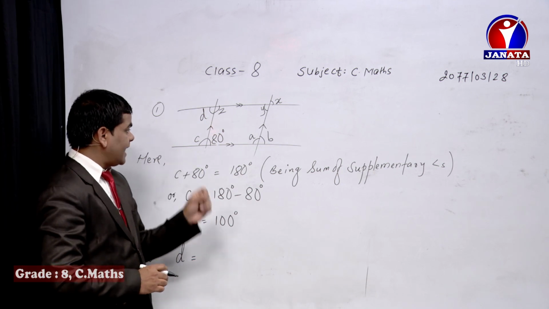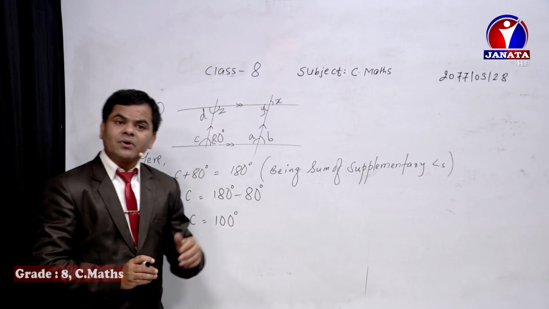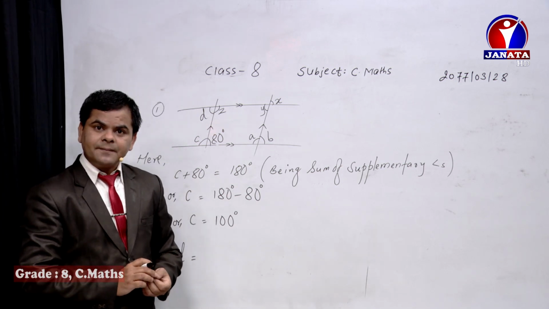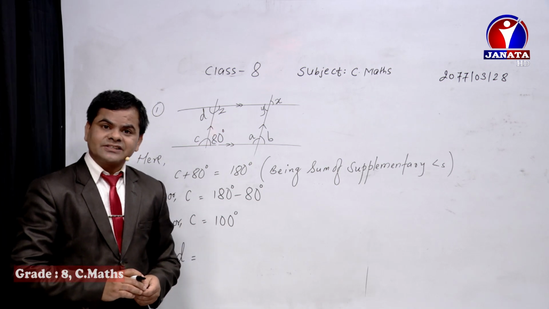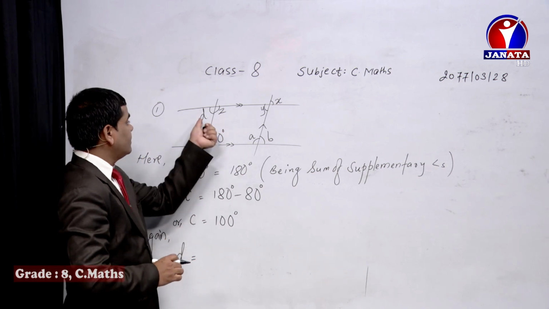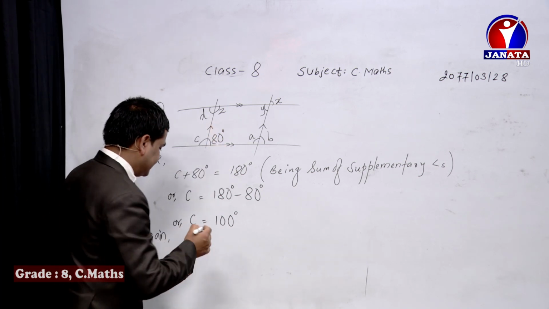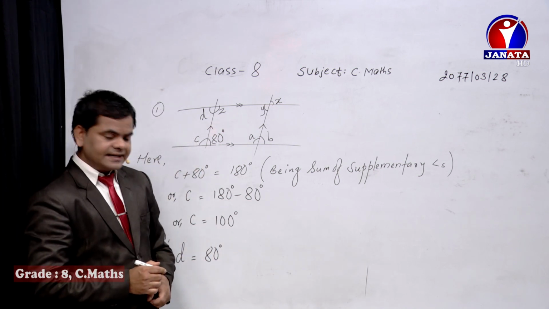That type of angle relation is known as interior alternate angles. And we have learned in the bygone days, dear student, that the property of interior alternate angles is that they are equal to each other. So D's value also becomes 80 degree.